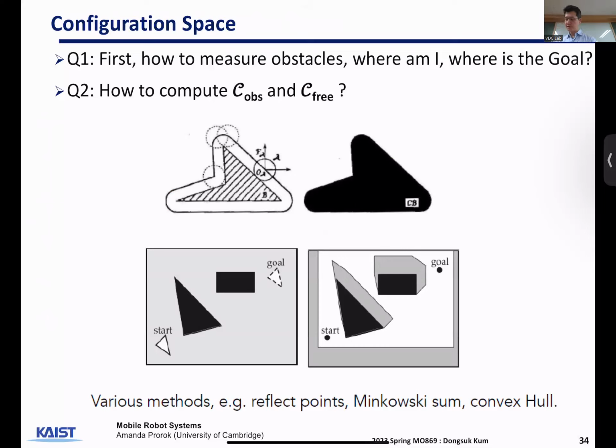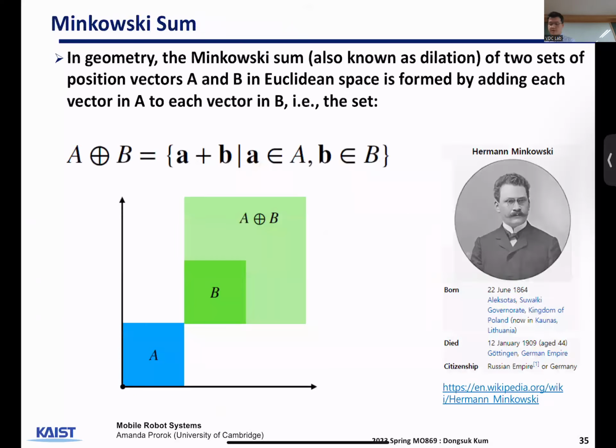So here are some questions for you. First, how to measure obstacles. Where am I? Where is the goal? How to compute C obstacles, C free space. There is a very simple basic principle called Minkowski sum.